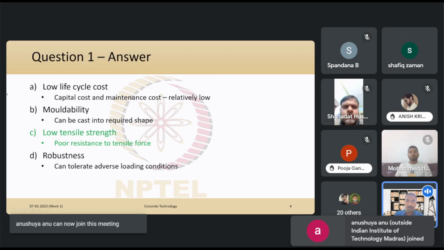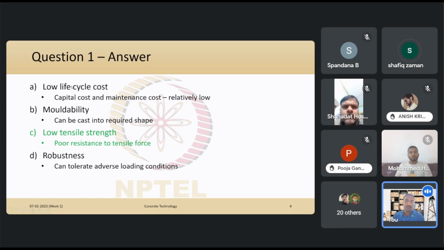So when we talk about the life cycle cost, what do we mean by the life cycle cost is the initial cost or the capital that we invest, right? So the materials and also for construction, right? Along with that, throughout the life cycle, we have to maintain all the damages or other repair works, right? So that is the maintenance cost, right? So together the capital cost as well as the maintenance cost is the total life cycle cost, right?